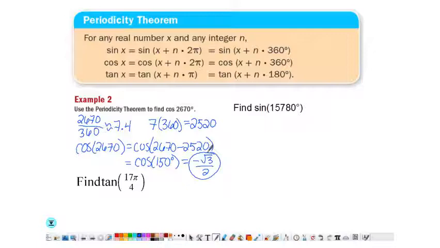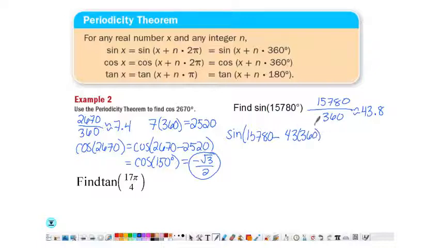So we'll do example 2. We want to find the sine of 15,780. Well, 15,780 divided by 360 is going to give us approximately 43.8. So that means I can take 43 whole multiples of 360 out of there. So we're going to do sine of 15,780 minus 43 times 360.